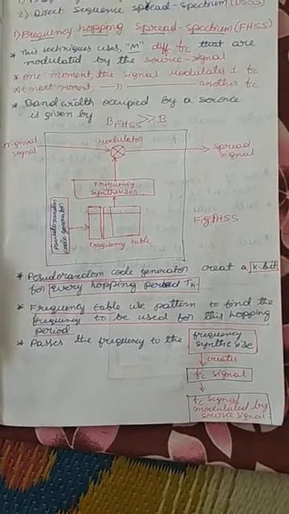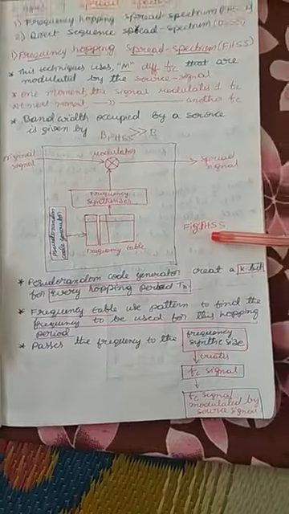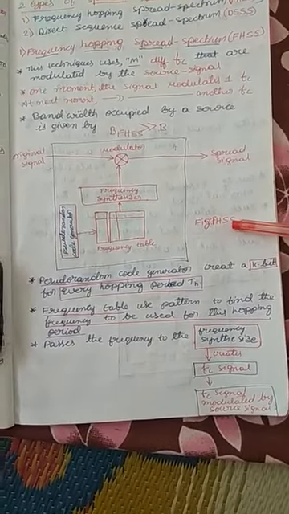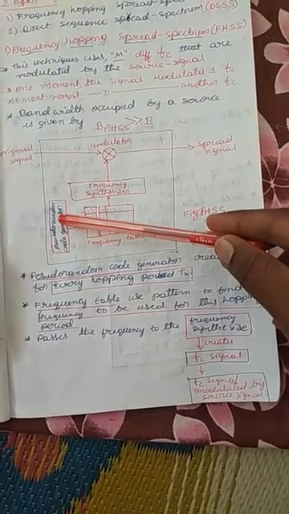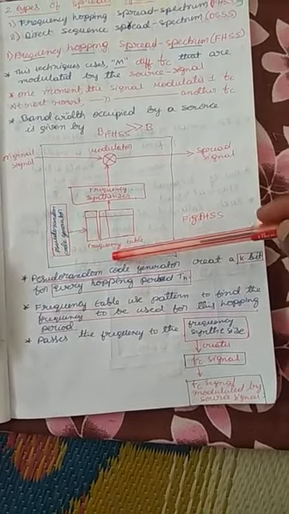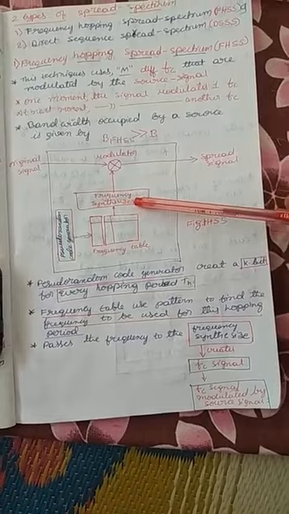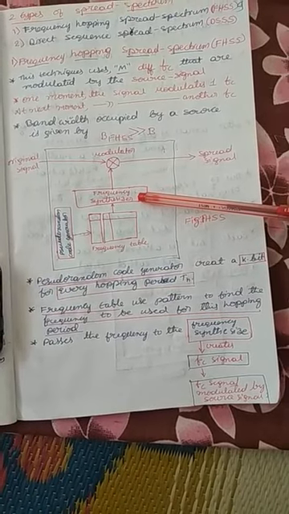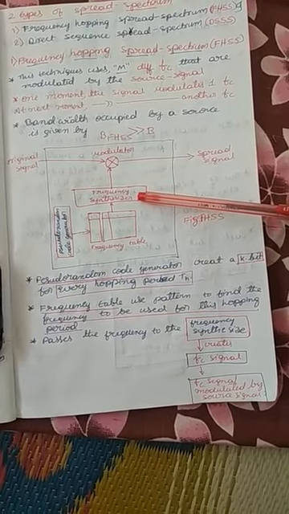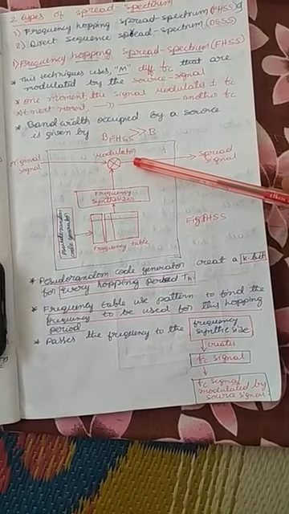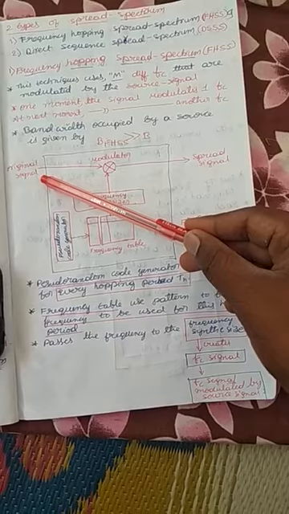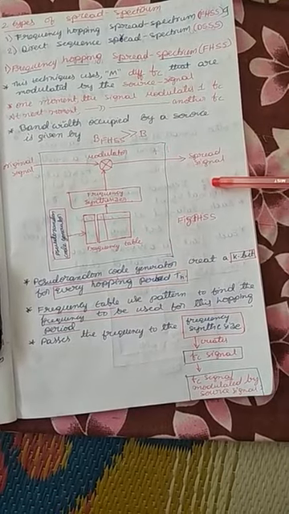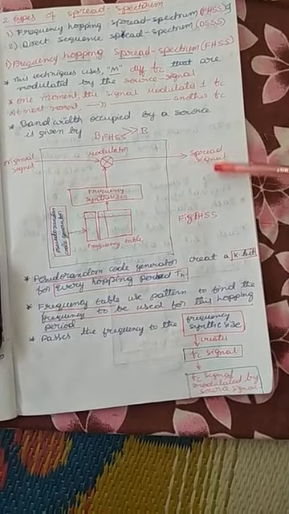Observe the figure. This is FHSS. Here there is a pseudo random code generator, a frequency table, a frequency synthesizer, and a modulator. For the modulator, the original signal is the input and the spread signal is the output.